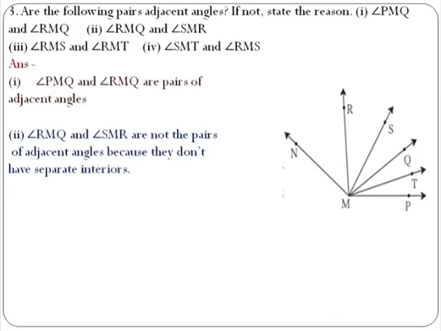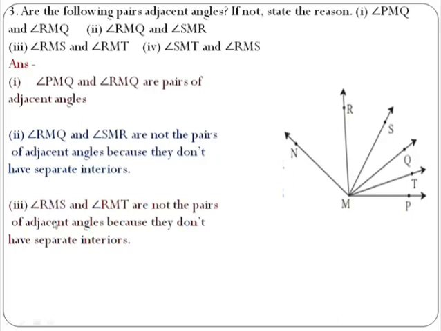Now, third pair of angles, angle RMS and angle RMT. Again, look at the diagram. As in the previous example, angle RMS and angle RMT have common vertex, ray MR as the common arm, but their interiors are not separate because points in the interior of angle RMS come in the interior of angle RMT.